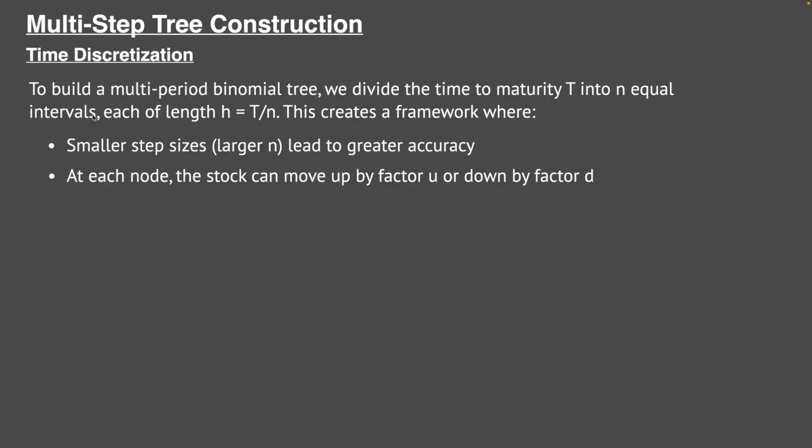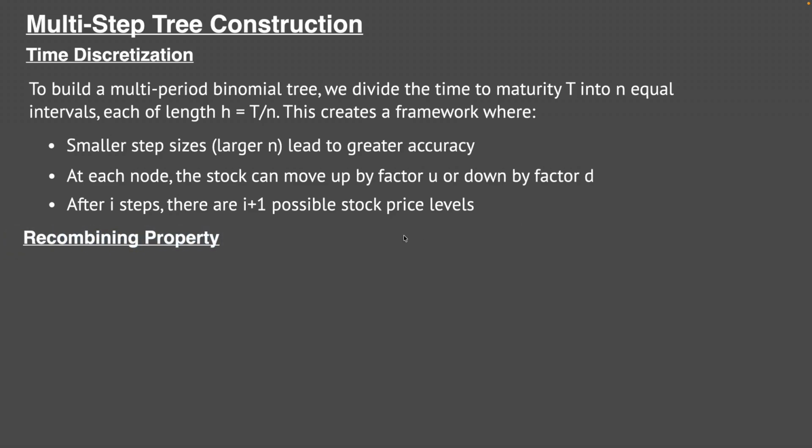In the binomial tree model, at each node the stock can either move up by a factor u, or move down by a factor d. After i steps, there are i plus 1 possible stock price levels. Very simple logic.